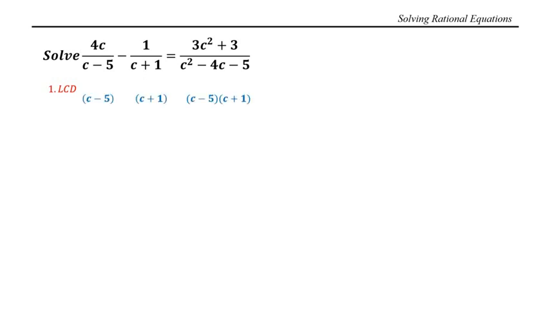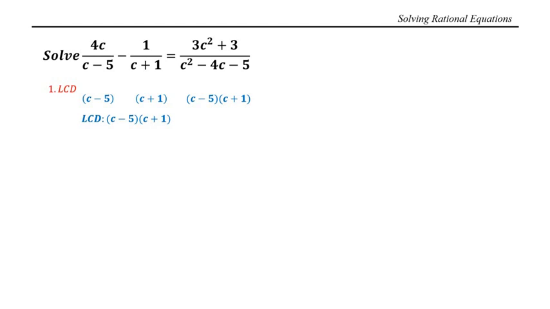We have c minus 5, c plus 1, and c minus 5 times c plus 1. What we did is we factored c squared minus 4c minus 5, and we were left with this. Since we have common denominators of c minus 5 and c plus 1, we only need to take one of each. So our least common denominator would be c minus 5 times c plus 1.